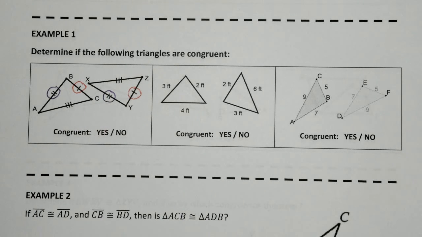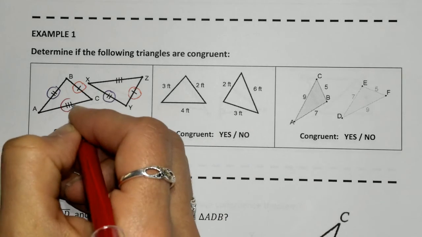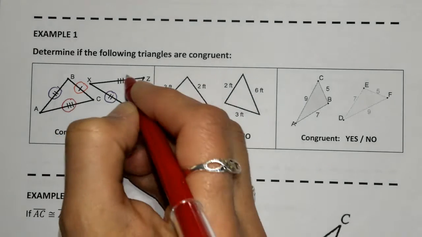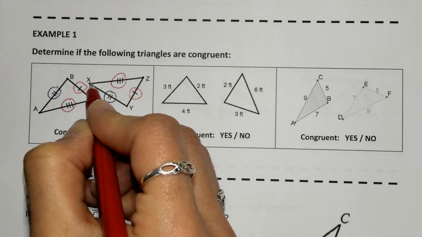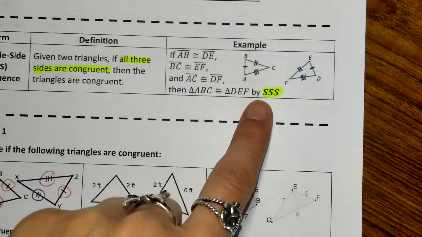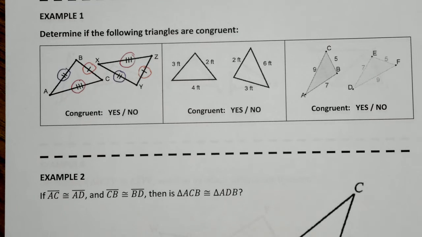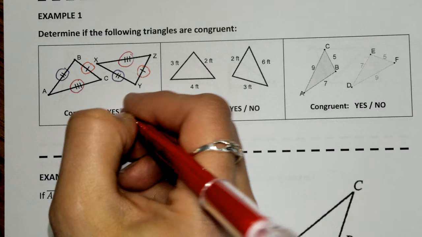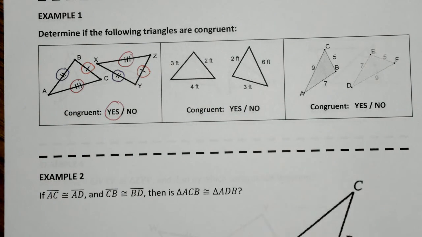So we see that we have two sides that are congruent. Then lastly, we see these three tick marks right here at segment AC and three tick marks at segment XZ. So it's exactly like the example up here. Since we have all of this together, yep, we've got three corresponding sides that are congruent. We do have congruent triangles.